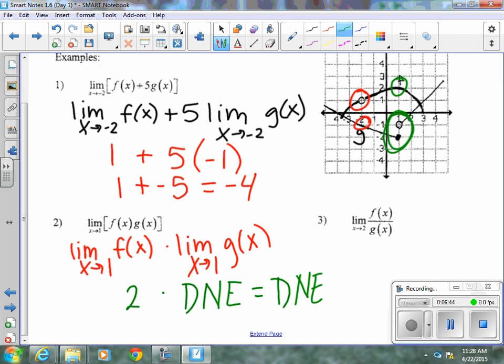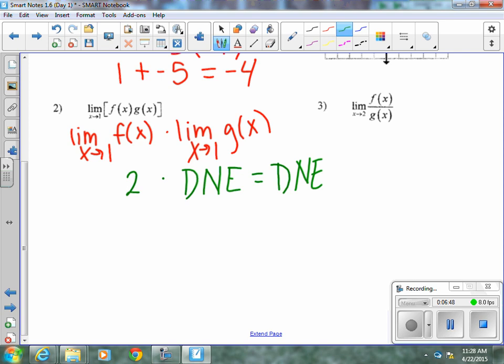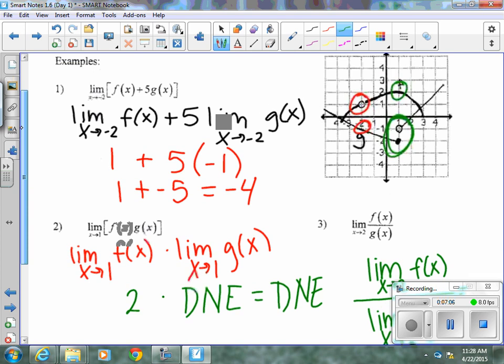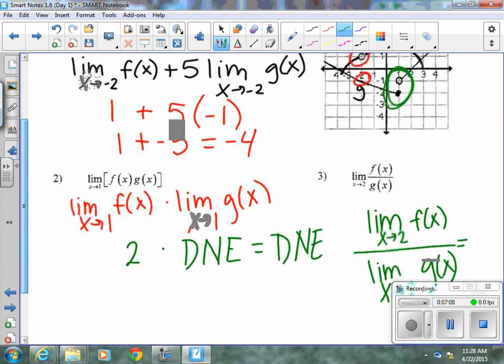Finally, this last example, we can break this up using limit law 5 into the limit as x approaches 2 of f of x divided by the limit as x approaches 2 of g of x. The limit as we approach 2 in our picture on f is about 1.5.